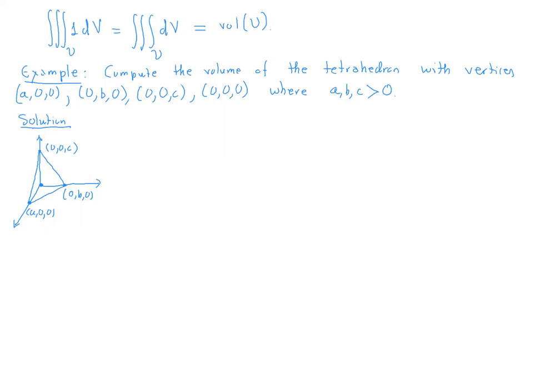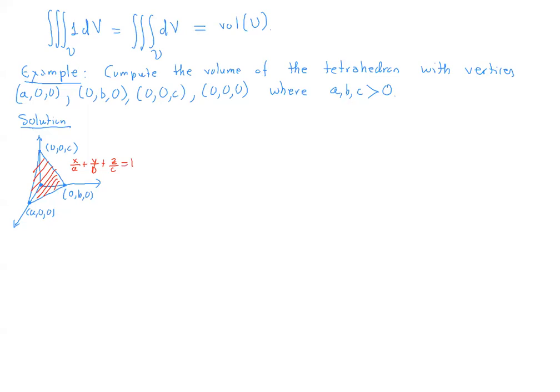And the one thing that you will need to eventually know here is how to find the equation of this plane. And this plane is a plane that goes through these 3 points. And there is an analog of the equation of the intercepts that we saw in the case of 2 variables. So this is x over a plus y over b plus z over c is equal to 1.